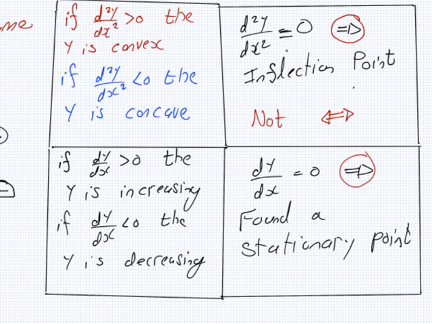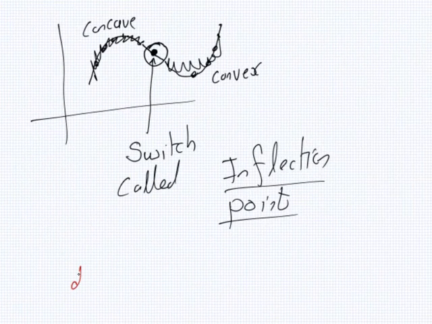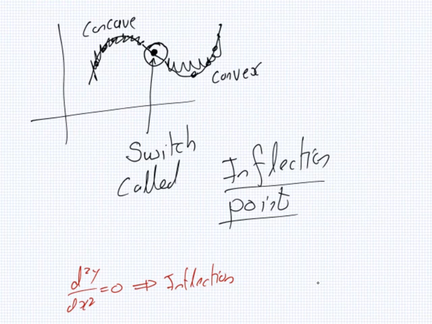Does that mean it's not an inflection point? No. I'm just trying to make it clear the direction is just one way here. So just to be clear, if this is 0, then you have an inflection point for sure.